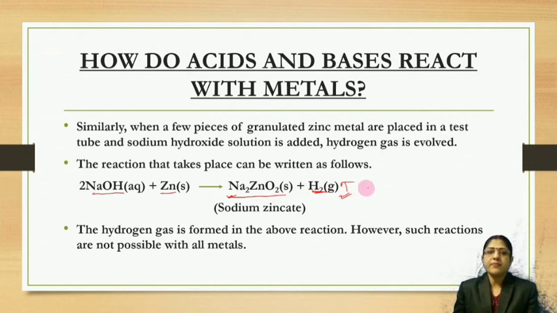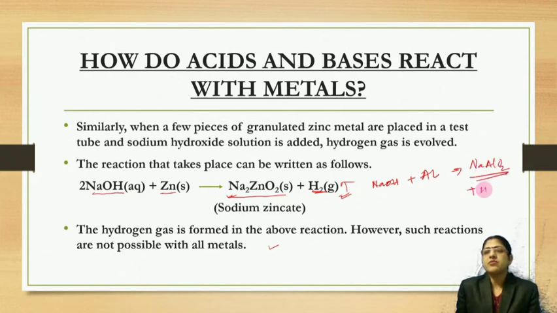It burns with a puff sound. However, such reactions are not possible with all metals, right? Another example: sodium hydroxide with aluminum also forms NaAlO2, sodium aluminate, plus H2. It is not balanced, you can balance it.